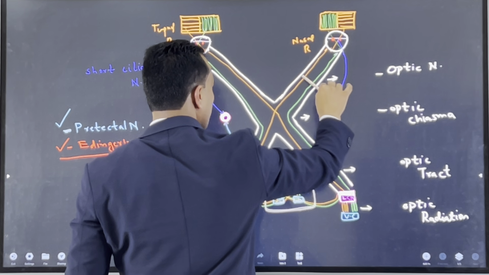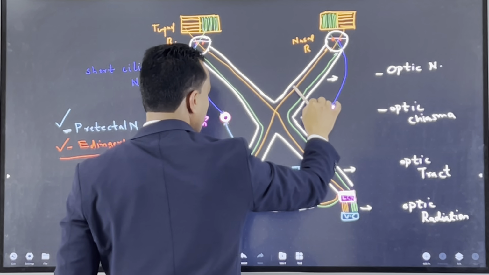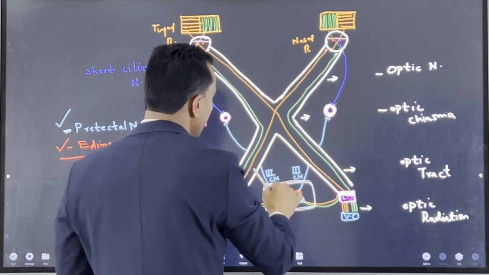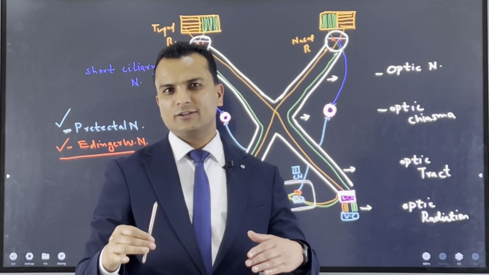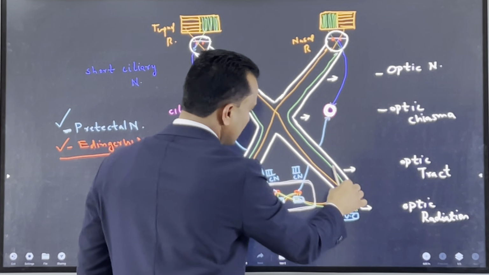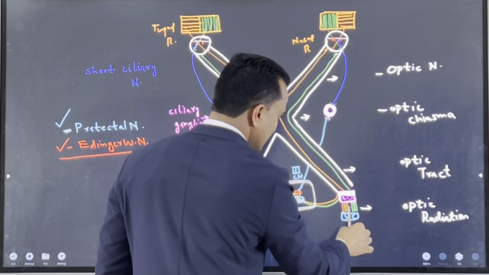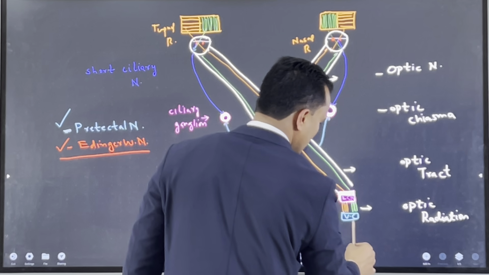And then this is the right optic nerve, this is the left optic nerve, and these nasal retina fibers cross each other at the optic chiasma, and then continue as the optic tract on the opposite side. You should understand this. And then optic tract fibers synapse with the lateral geniculate nucleus, and then lateral geniculate nucleus fibers continue after synapsing as optic radiation to the visual cortex.